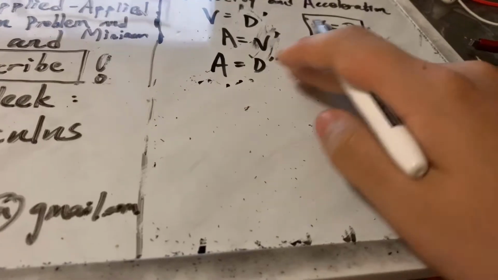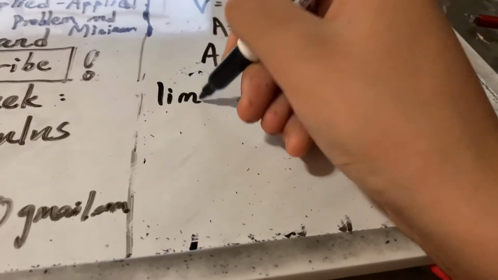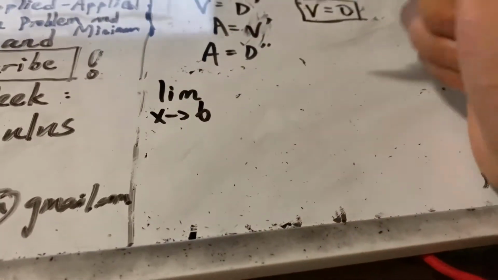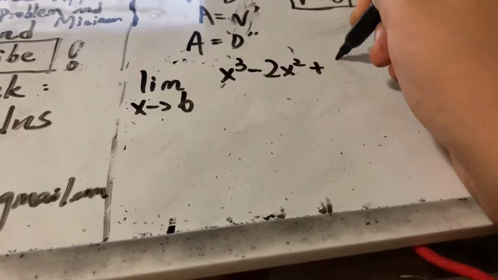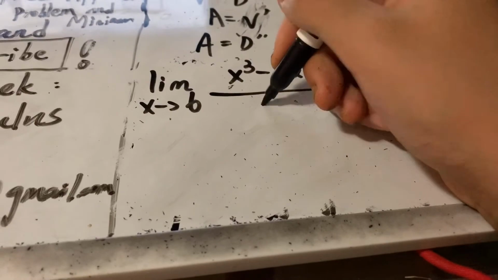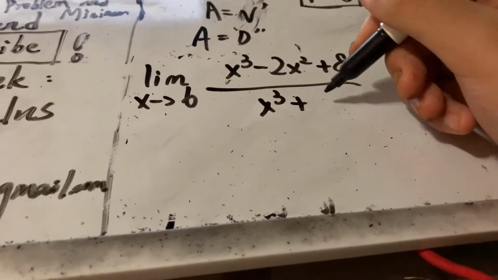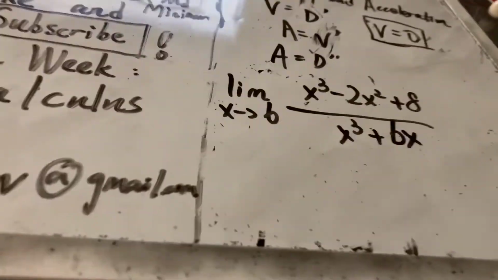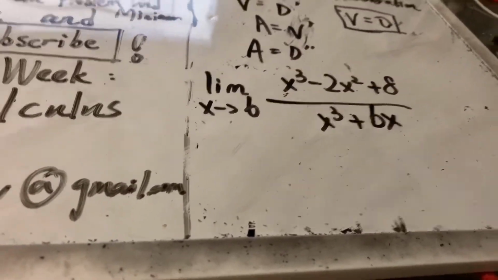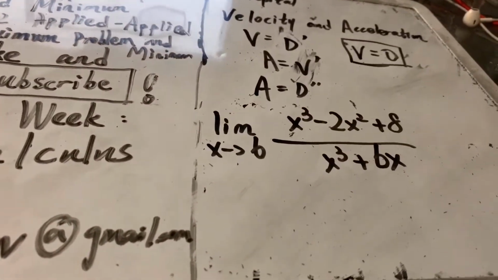Okay, so we have the limit as x goes to infinity of x squared minus 2x cubed plus 8 plus 6x. We are required to find the limit of it.